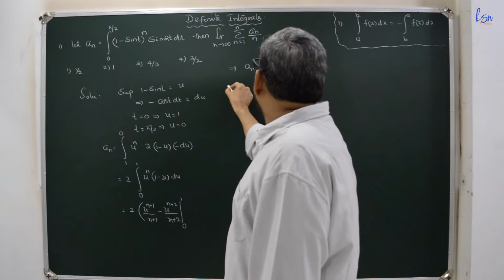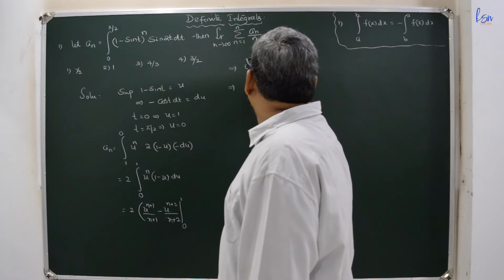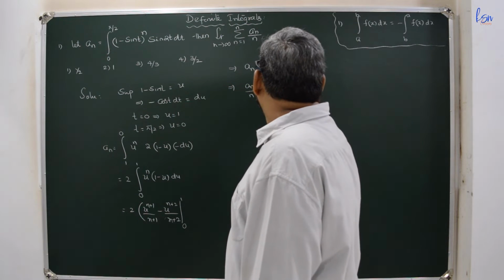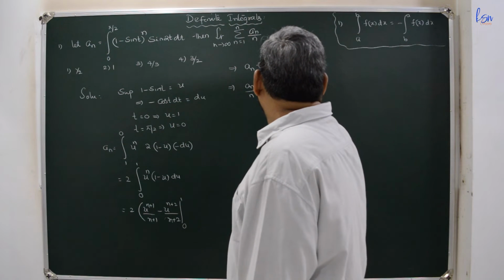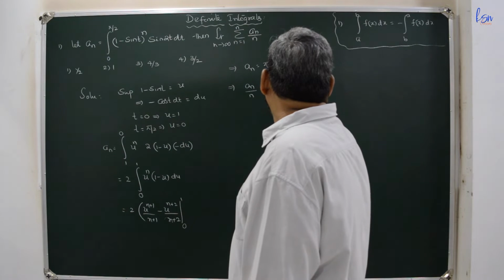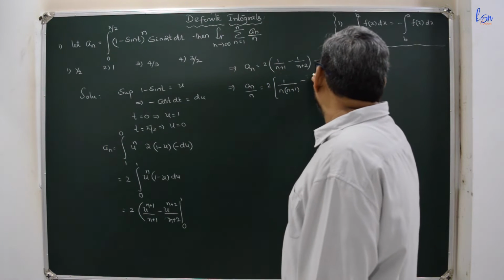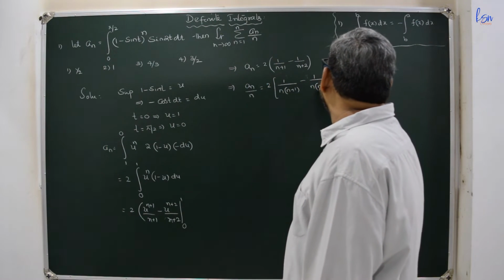Now a_n by n is equal to 2 into 1 by n into n plus 1 minus 1 by n into n plus 2.